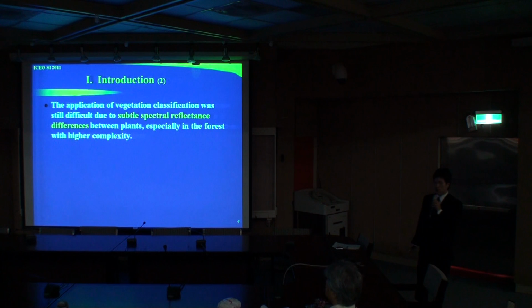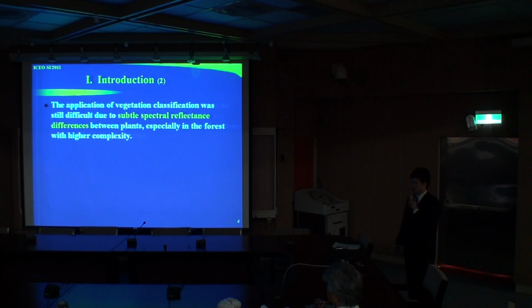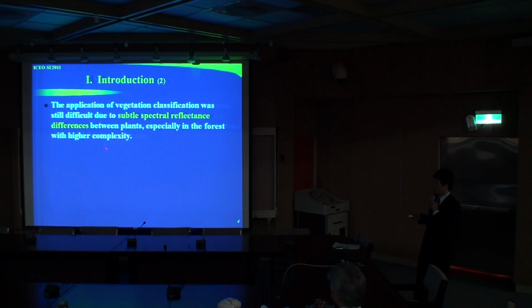And the application of remote sensing to vegetation classification is still difficult, because the differences in spectral reflection of plants are subtle, especially in forests with higher complexity.